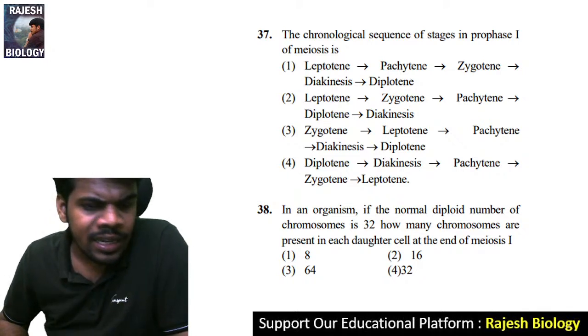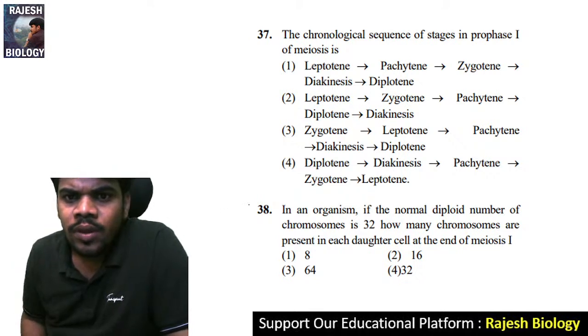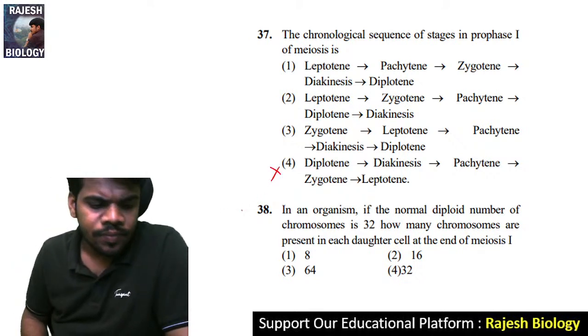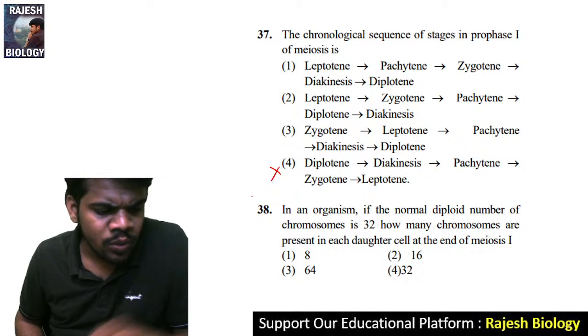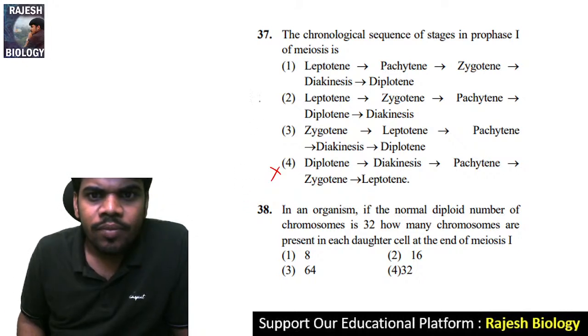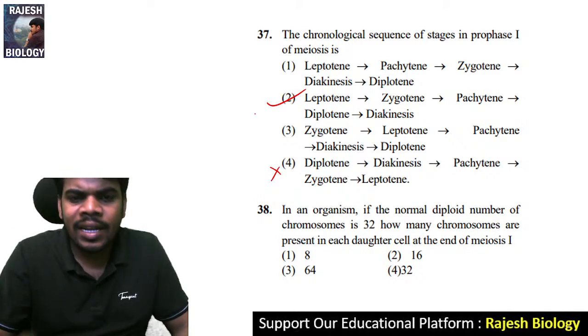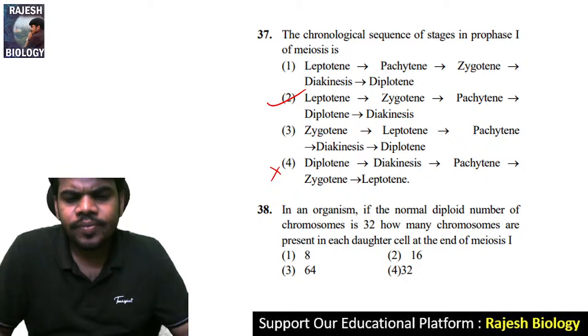Diplotene and diakinesis are lost, definitely, so it is wrong. 37, option 2. Saujanya says right. And Chinnu 2, right? Leptotene, zygotene, pachytene, diplotene, diakinesis. 38th question.